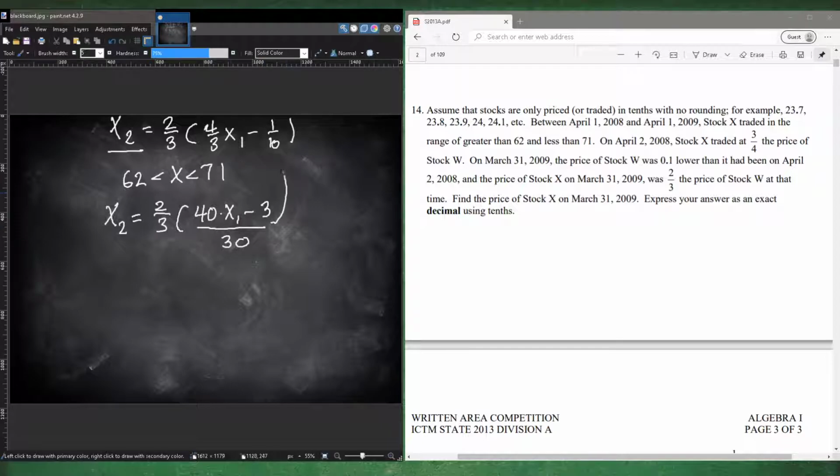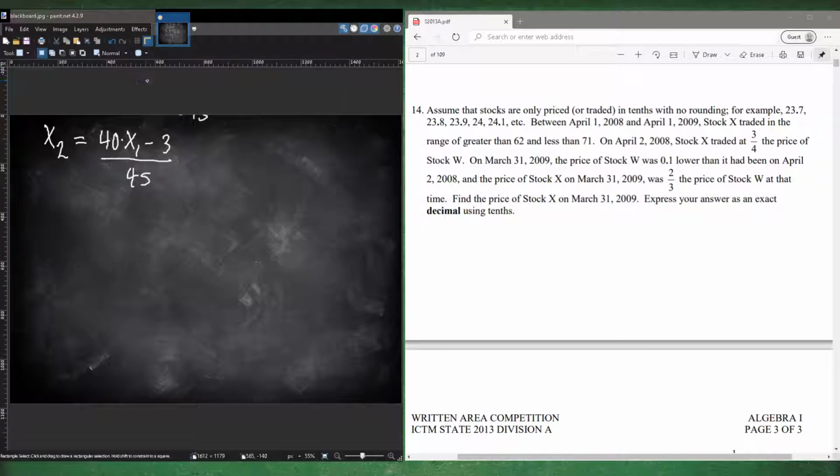This is the same thing as this. Now we can multiply the 2/3 into this number. Cancel the 2 here, which makes a 15. So we get X2 equals 40 times X1 minus 3, all over 15 times 3, which is 45.